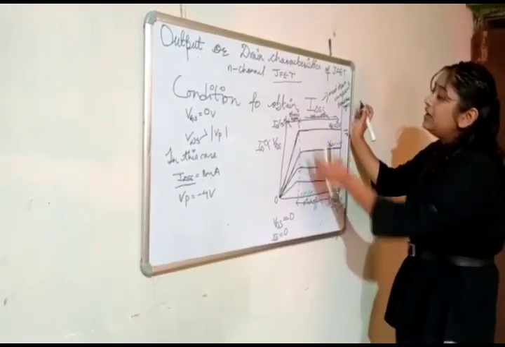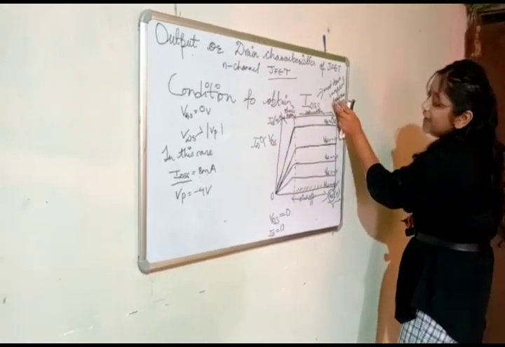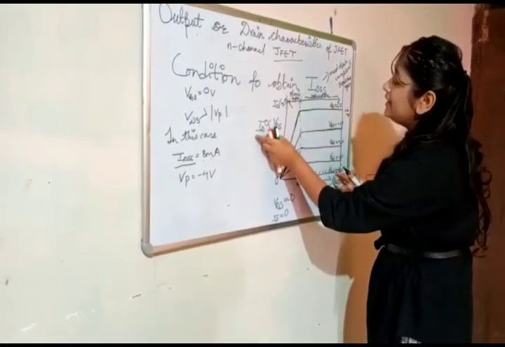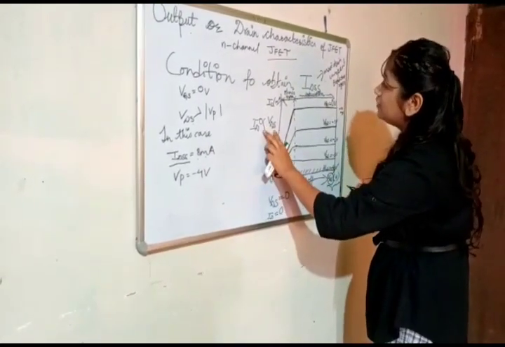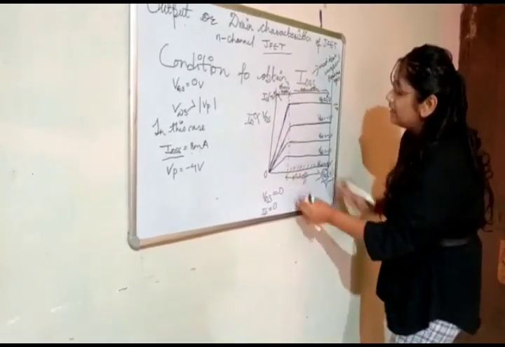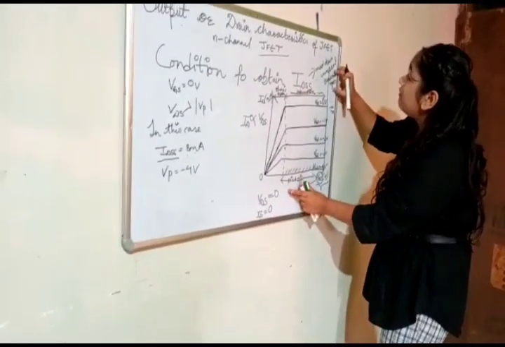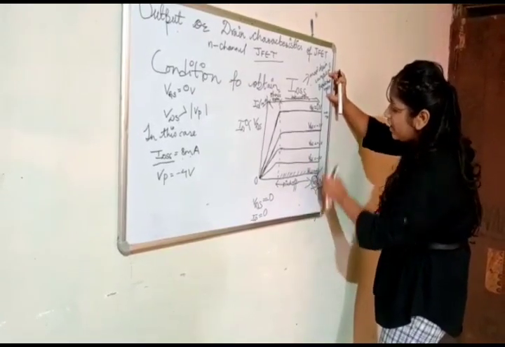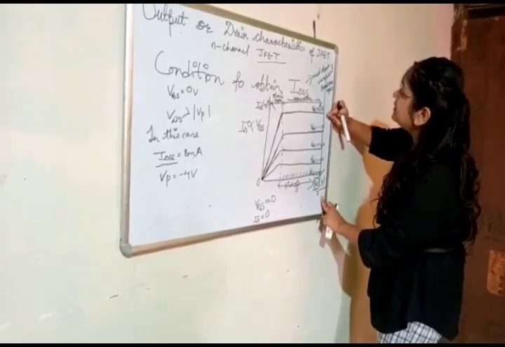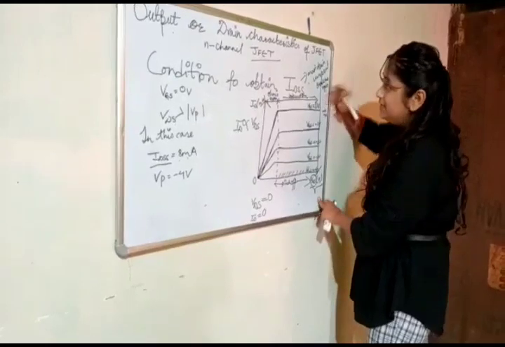So here we find four regions: ohmic region, saturated region, breakdown region, and pinch off voltage region. In the ohmic region ID is directly proportional to VDS. Saturation region means the region where current is constant. Pinched off region is the region where there is no flow of current, and breakdown region is caused by the maximum voltage VDS, which causes the maximum current to flow inside the device.